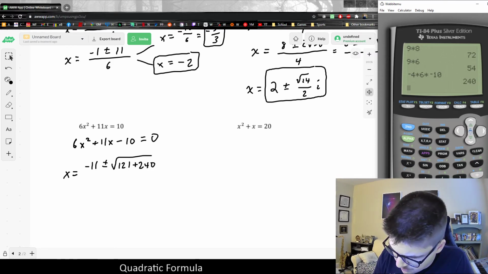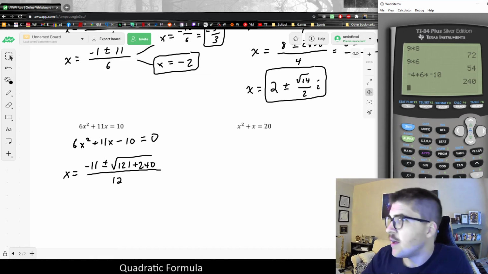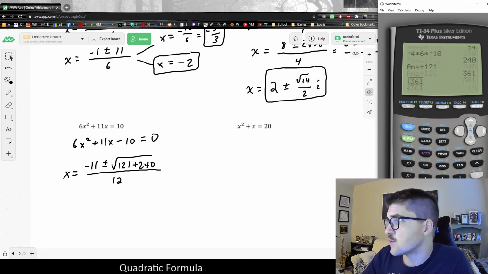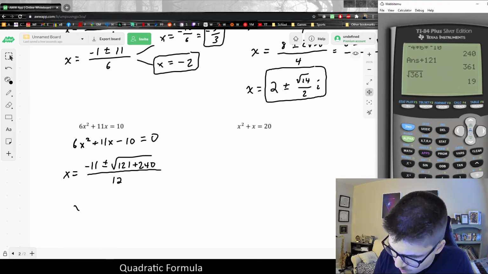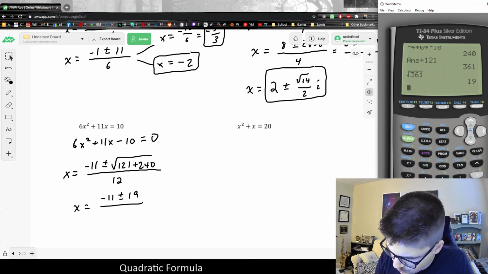And that's all going to be over 2a, which is 12. And I could check what is 240 plus 121. That is 361. And again, if I wanted to know whether this is a perfect square or not, I could double check by taking the square root. But that is indeed 19 squared. So this would all amount to negative 11 plus or minus 19 over 12.